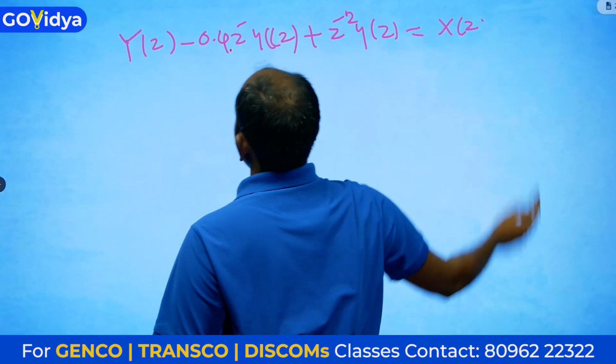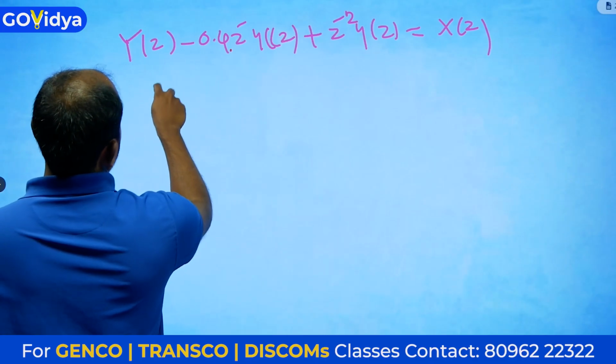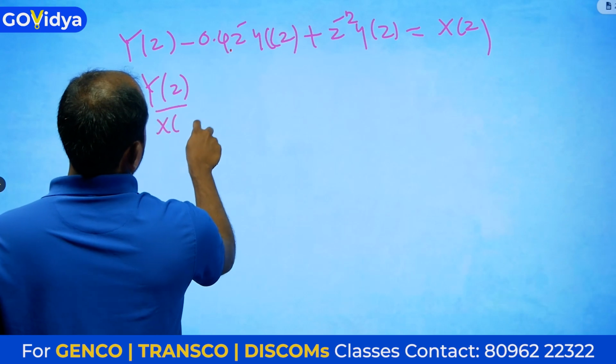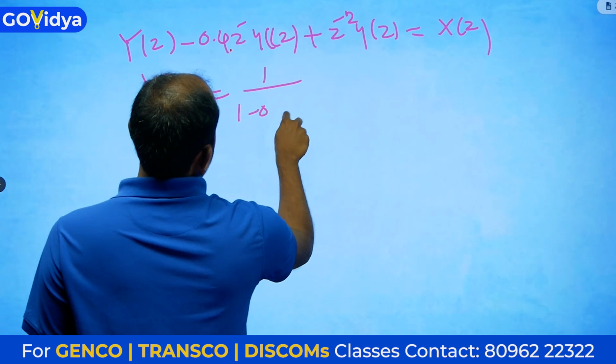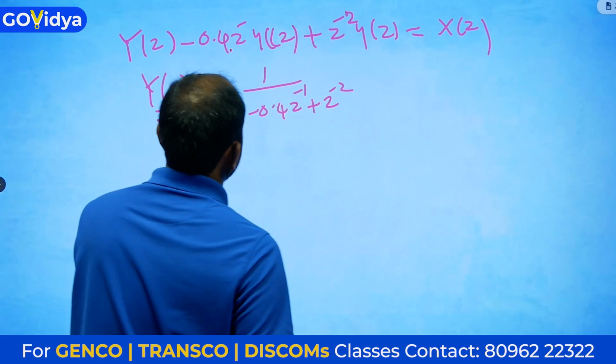Taking y of z common by x of z, the transfer function is 1 by 1 minus 0.4 z power minus 1 plus z power minus 2. This is the answer.